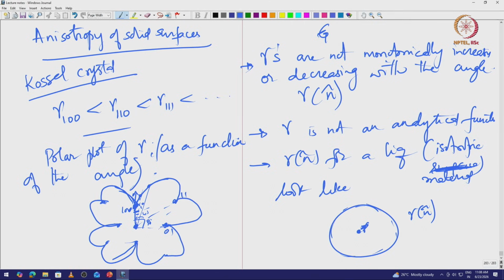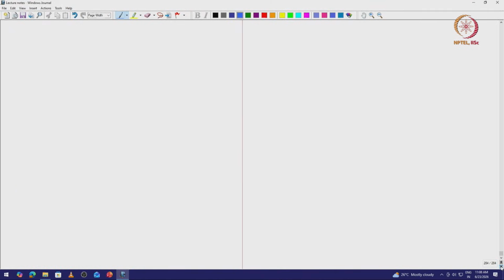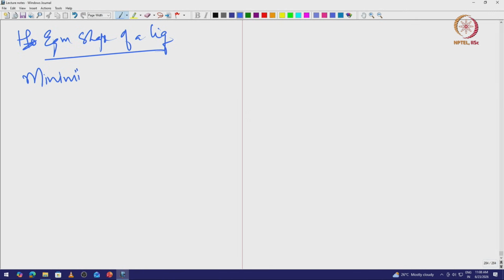Now, you can actually see that the equilibrium shape of a liquid was gotten by minimizing, this is a reminder to you, minimizing integral gamma dA, and that gave you a sphere, right.